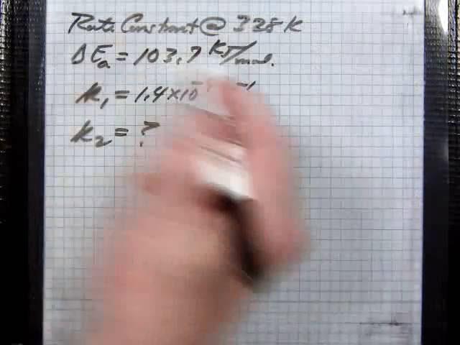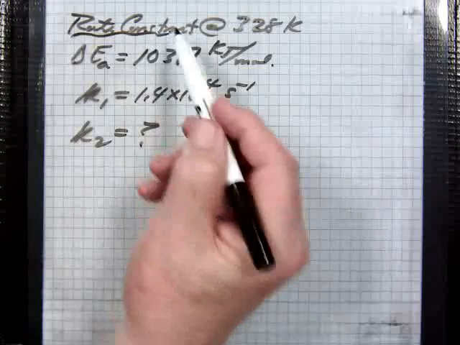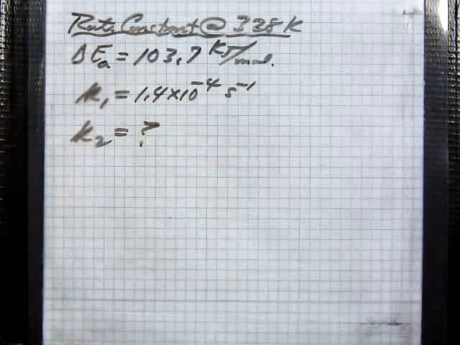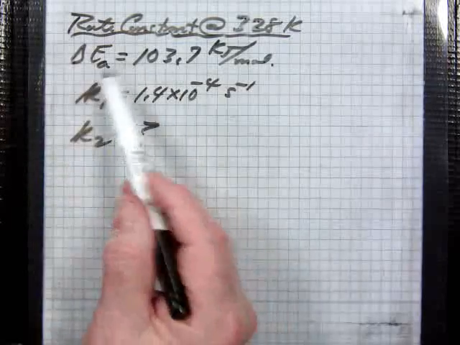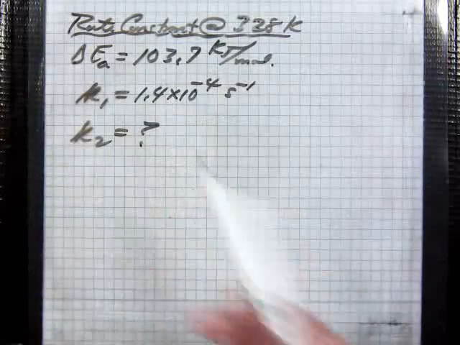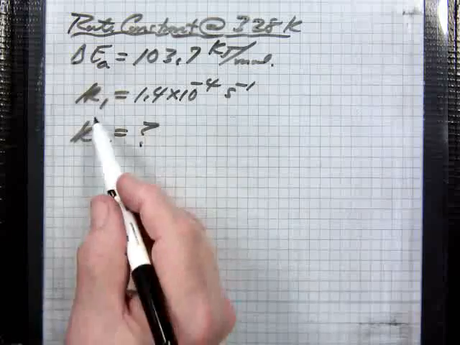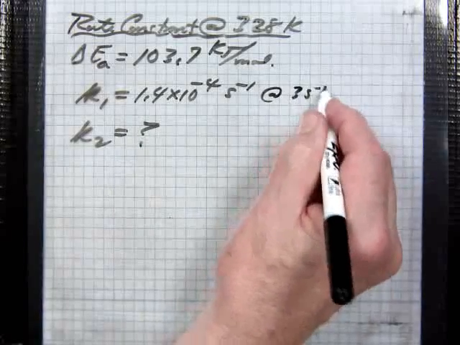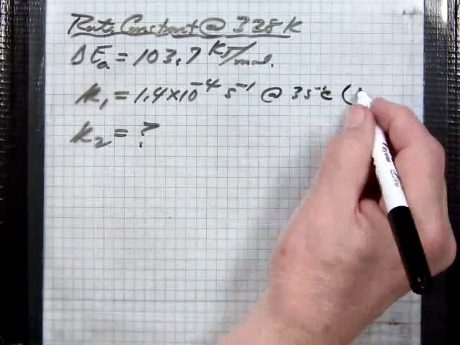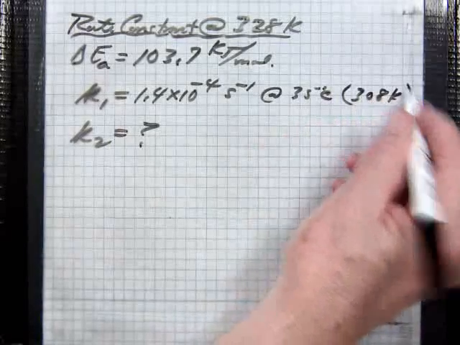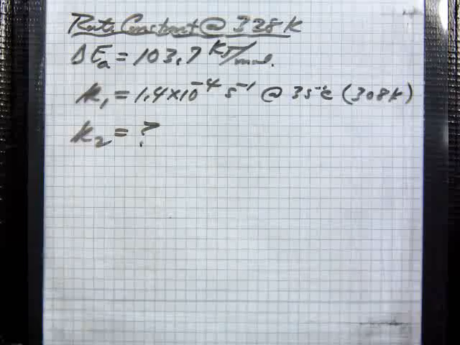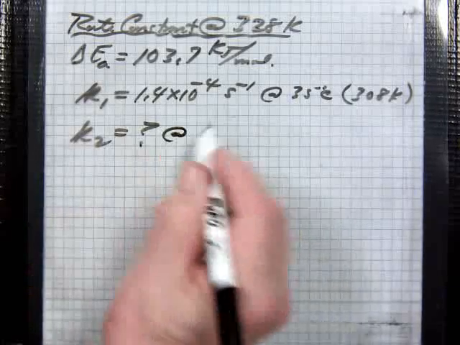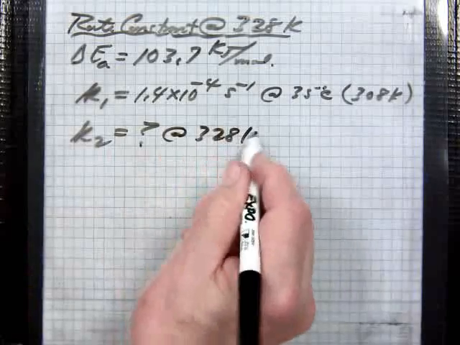So we'll work rate constant at 328 Kelvin for the same reaction we're working with, and we just determined what the activation energy was, and we'll work off this one at 35 degrees Celsius, which is 308 Kelvin. Okay, and so we need K3 at 328 Kelvin.